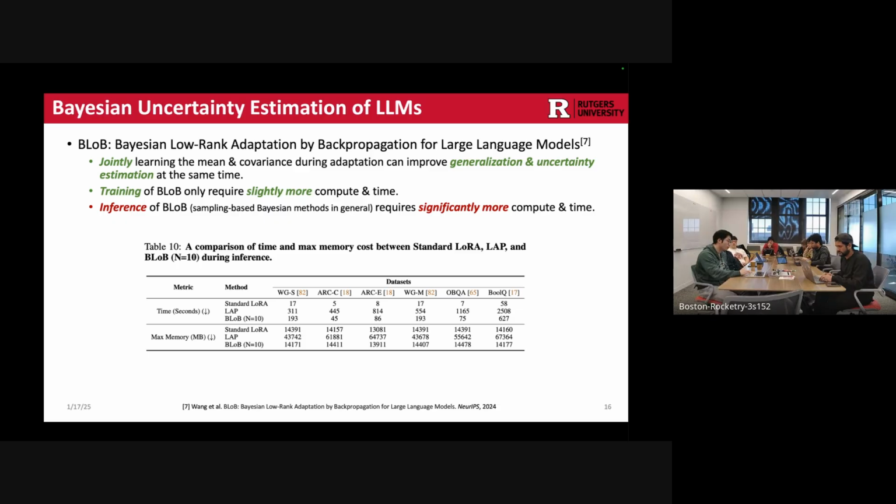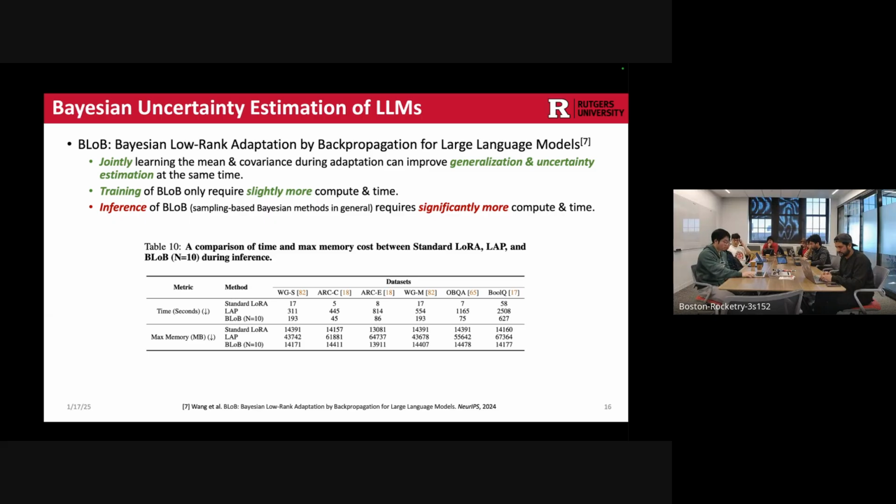If you compare the max memory cost and the maximum time cost of blob, it will be almost 10 times more than the original standard LoRA. So it remains a significant question to be solved for the Bayesian community: how do we come up with more sampling-efficient Bayesian methods to deal with this? Probably we only need to sample 3 times, and we can get a good estimation of the probability distribution instead of 10 times.